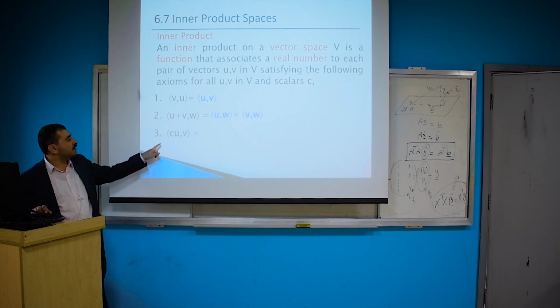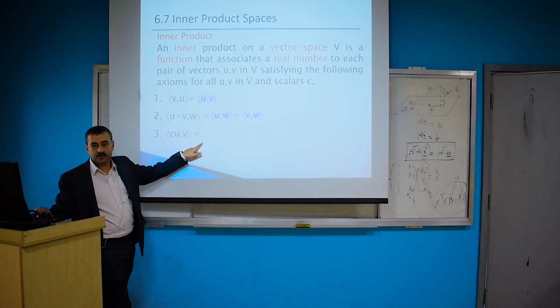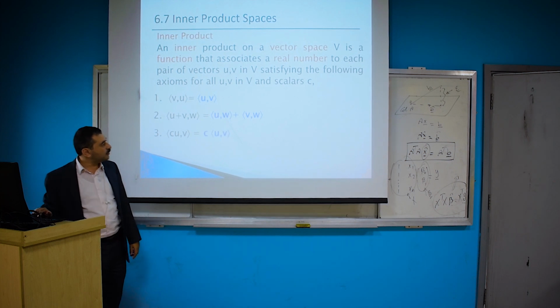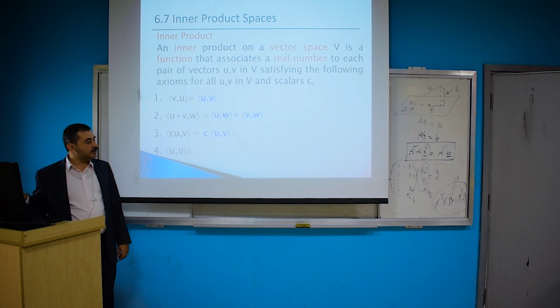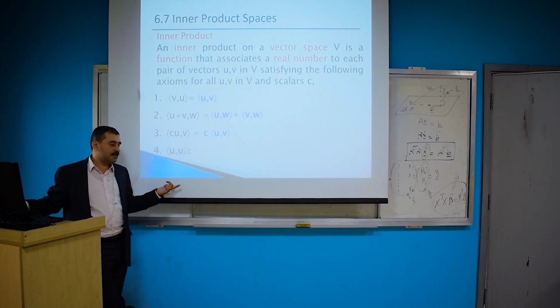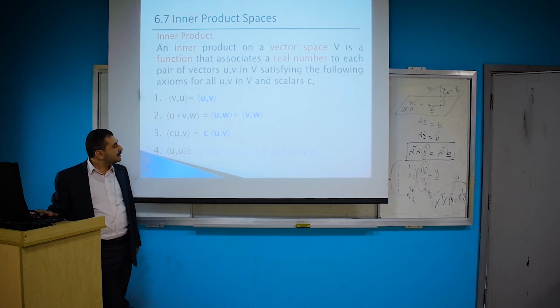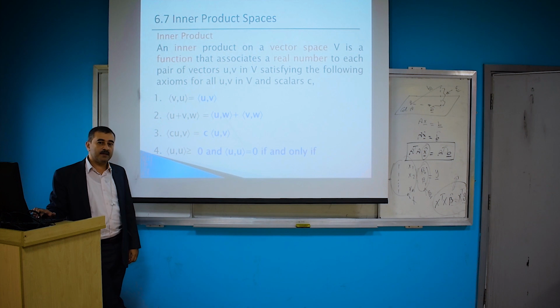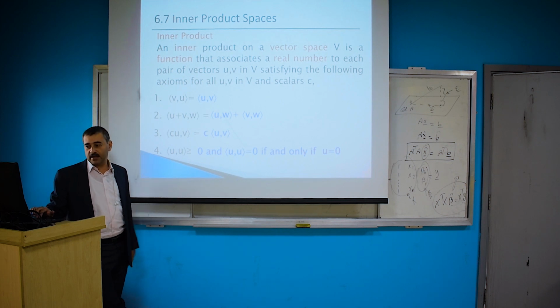For a scalar, the inner product of c u and v equals c times the inner product of u and v. And the inner product of u with itself is a non-negative value, and it can be 0 only if the vector is the 0 vector. So any inner product you define must satisfy these axioms.